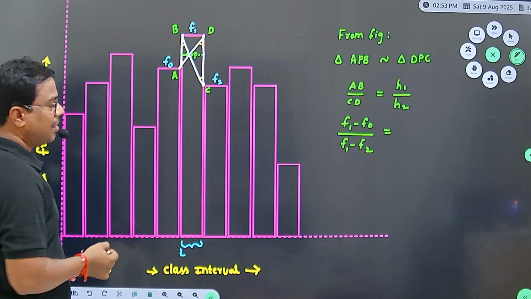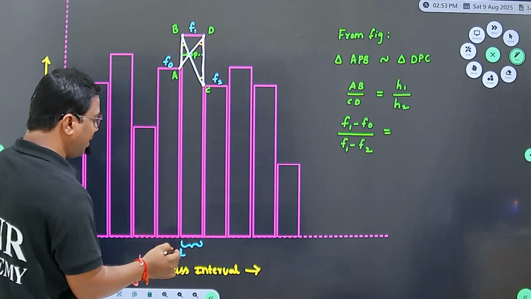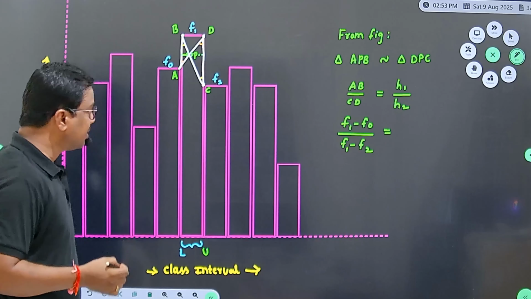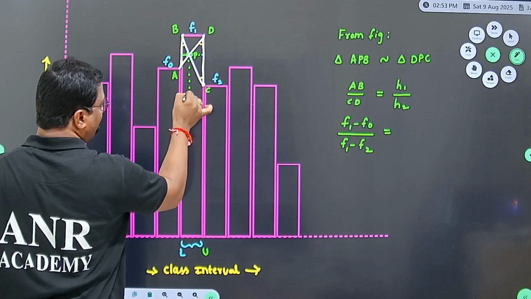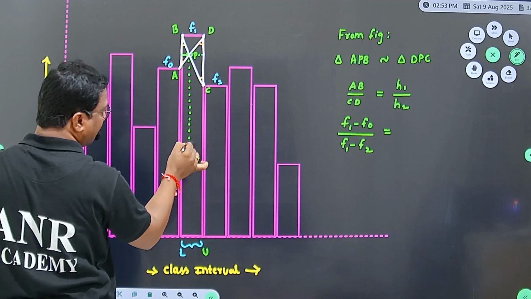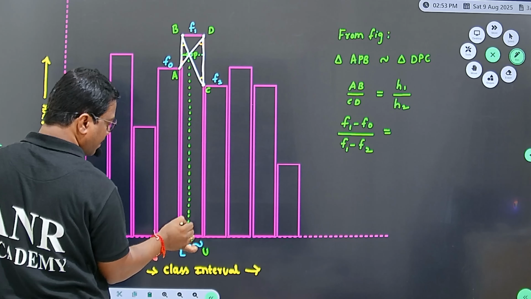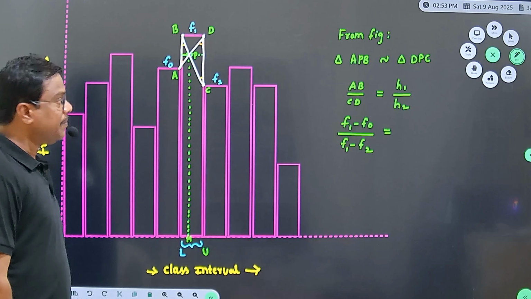We know that the value of mode lies in between the lower limit and upper limit of the modal class, and here if you drop a perpendicular, this is clearly the mode of the given data.